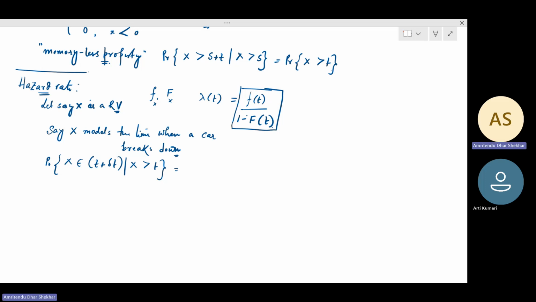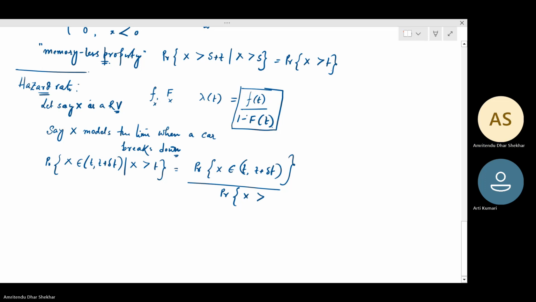That is just equal to the probability of x belonging to t comma t plus delta t, divided by the probability that x is greater than t. Right? This is just the definition of conditional probability.